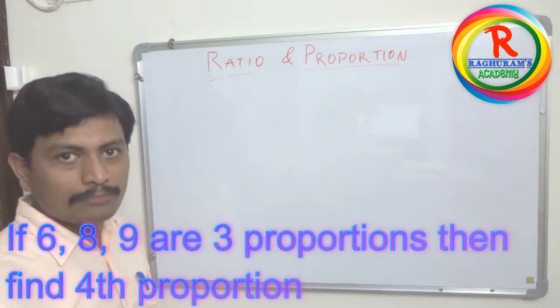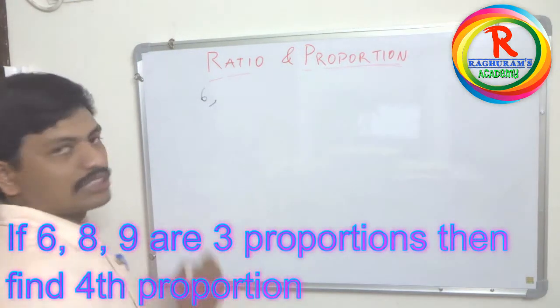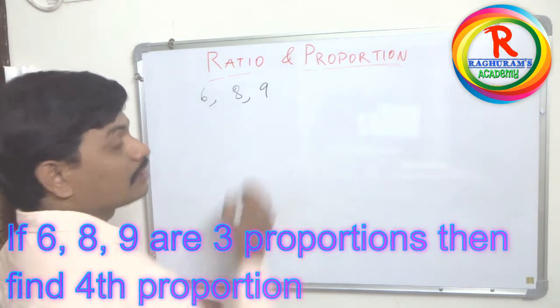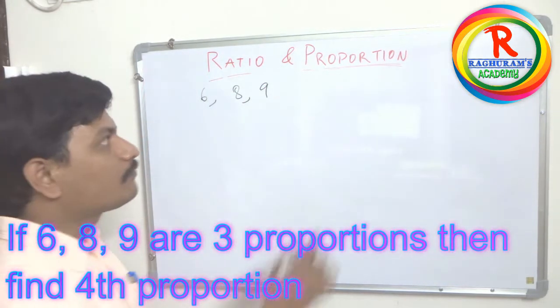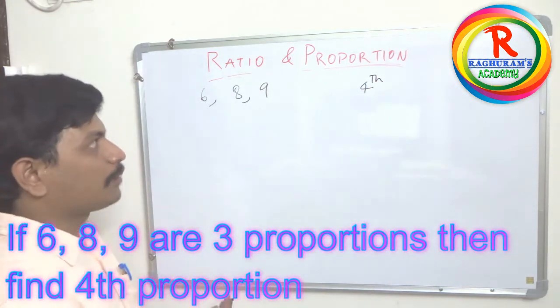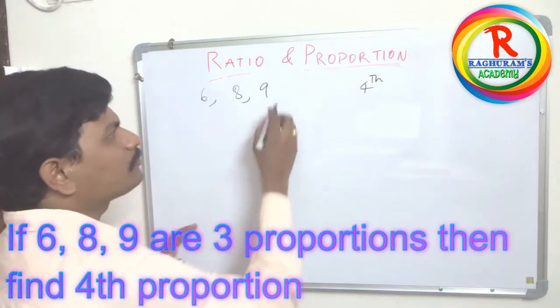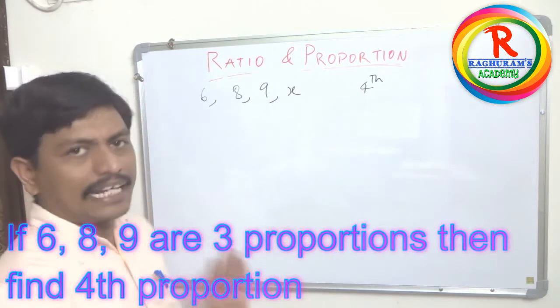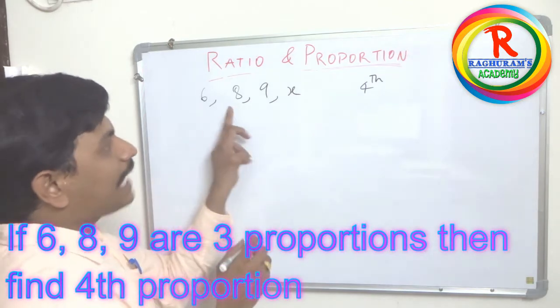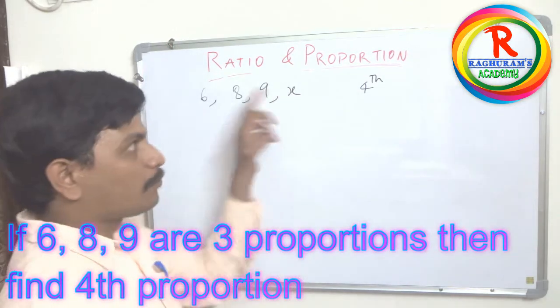Let us see a different problem. Suppose 6, 8, 9 are the three proportions, then find the fourth proportion. So we need to find the fourth proportion. Let us assume the fourth proportion is x. So 6, 8, 9, x are in proportion.